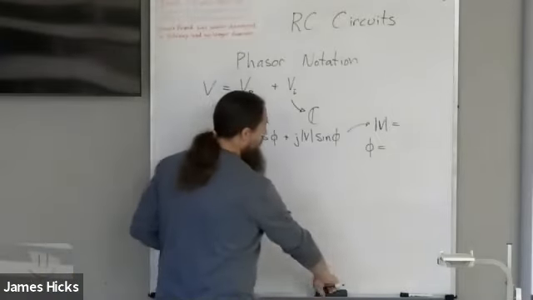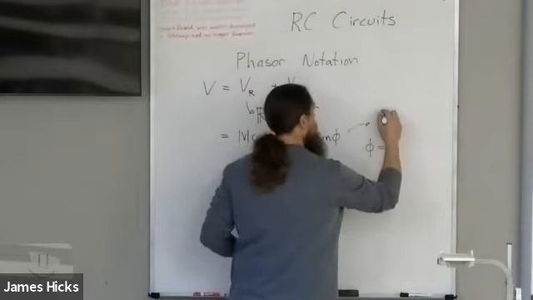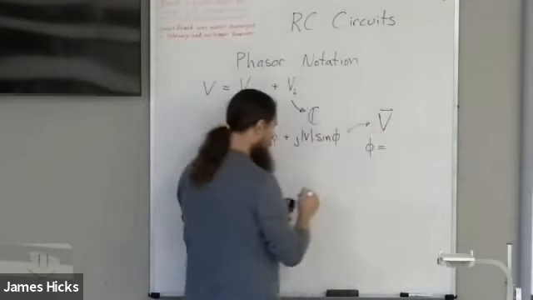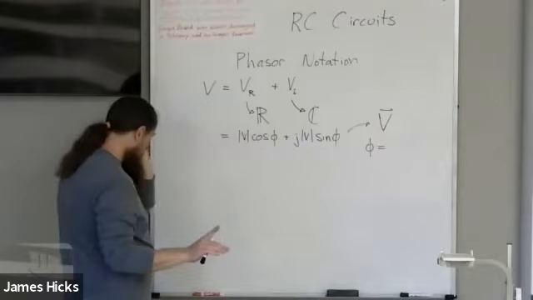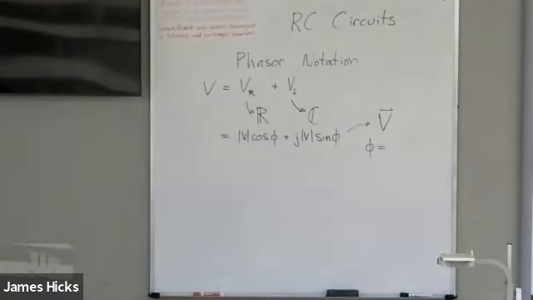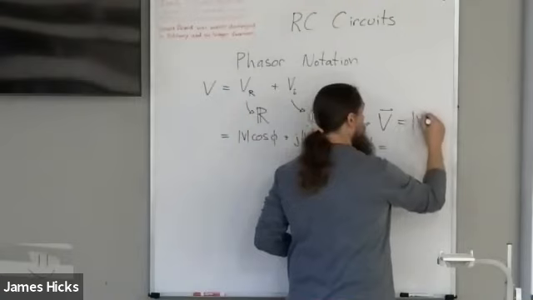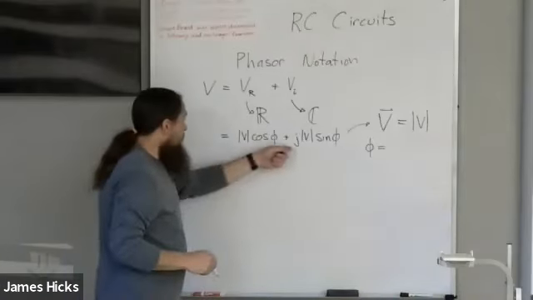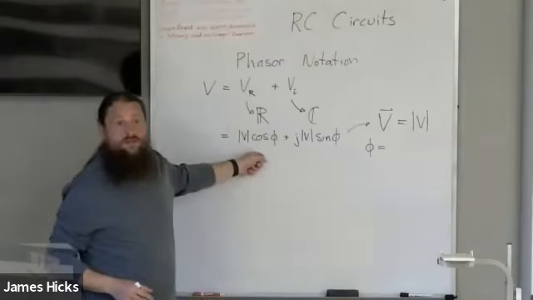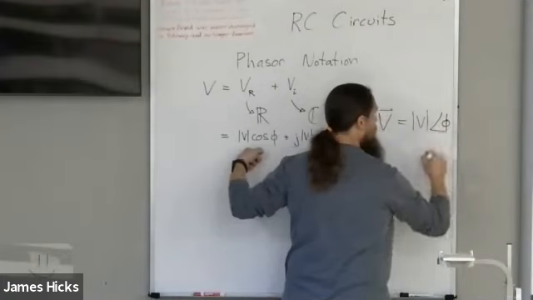So how we can think about writing this quantity V in this phasor notation: we're going to write that as the magnitude of V, taking into account the angle. We're going to use this symbolic notation, angle phi.